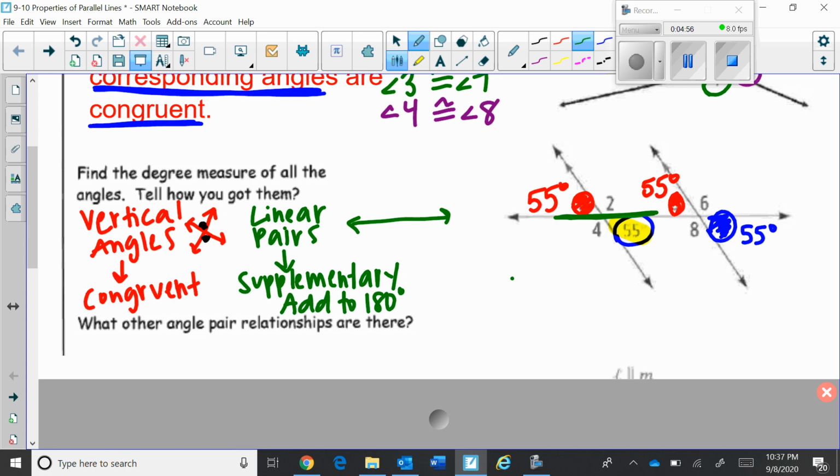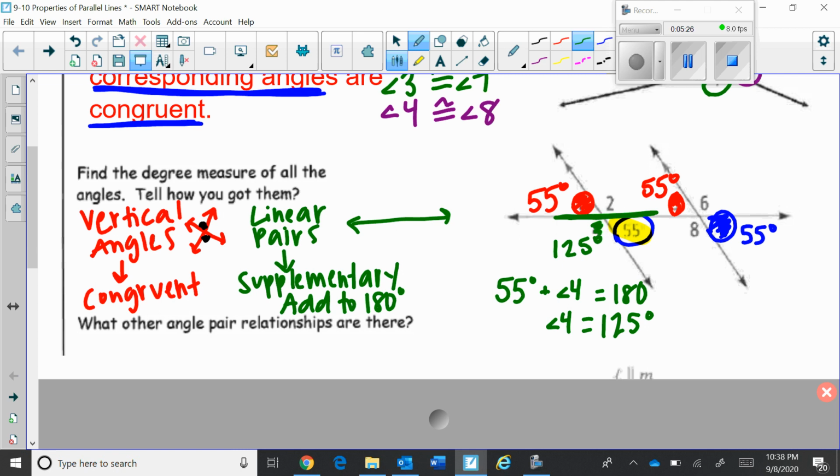So 55 degrees plus whatever angle 4 is equals 180. To solve for angle 4, what do we need to do? Subtract 55 from both sides. And what does that leave us with? 125. So angle 4 is 125 degrees.